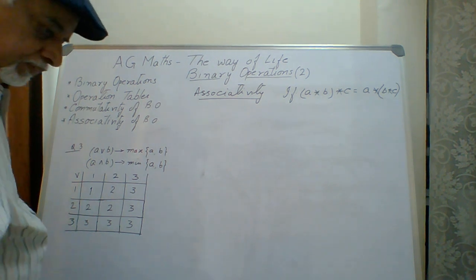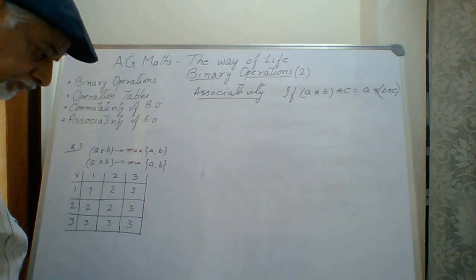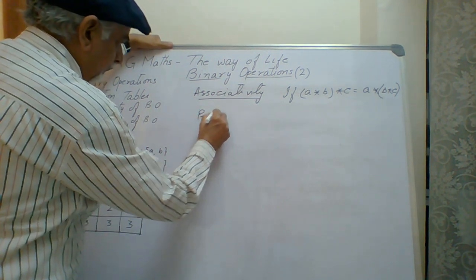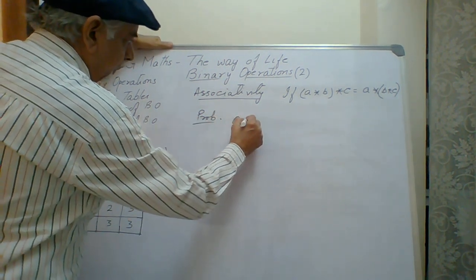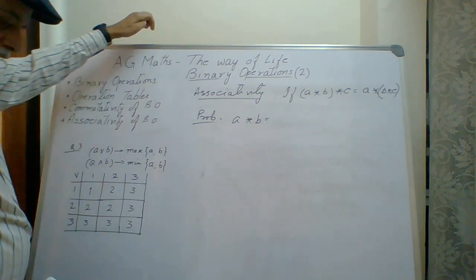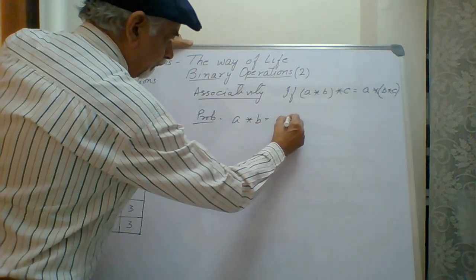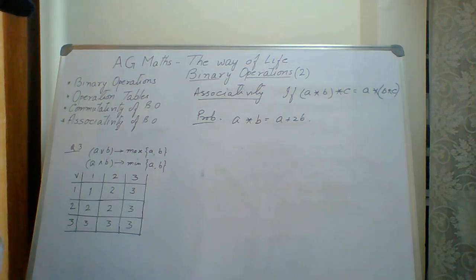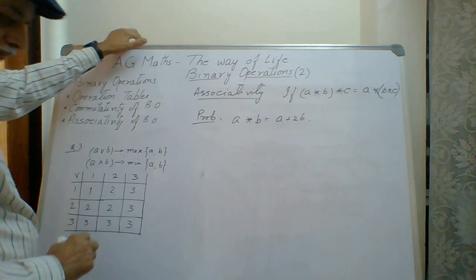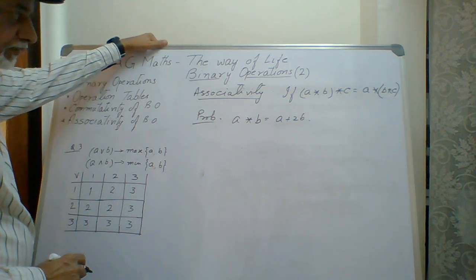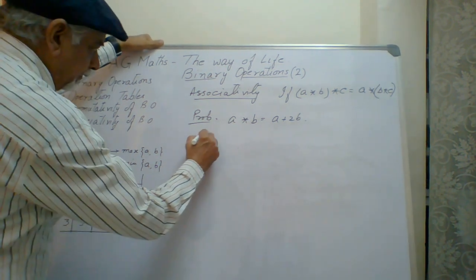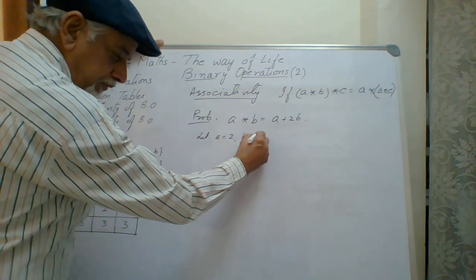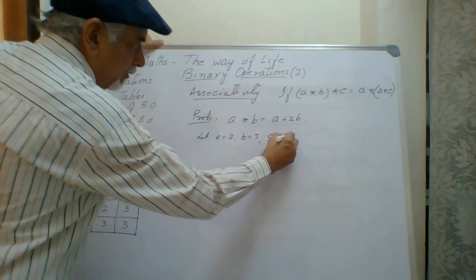For example, if we take a problem like A binary B is given as A plus 2B, and we have, suppose, three elements. Let A is equal to 2, B is equal to 3, and C is 4.